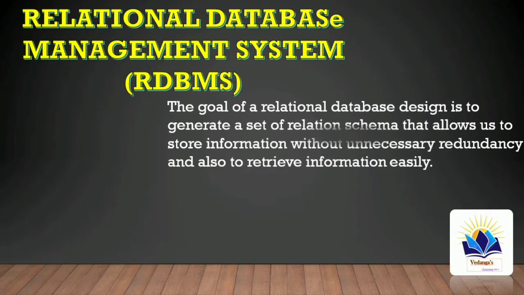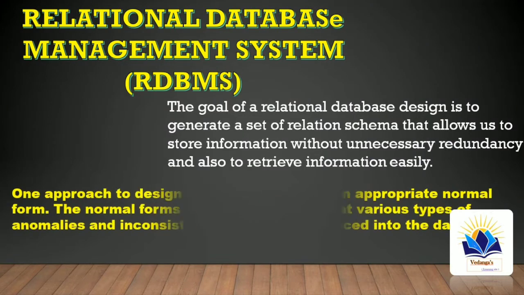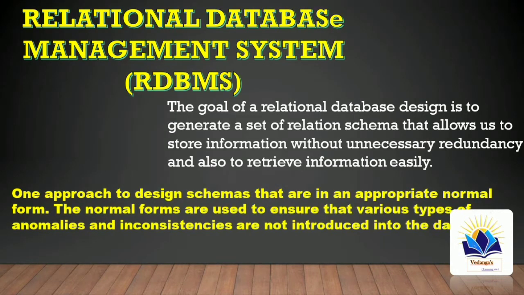The goal of relational database design is to generate a set of relation schemas that allows us to store information without unnecessary redundancy and also to retrieve information easily. One approach is to design schemas that are in an appropriate normal form.